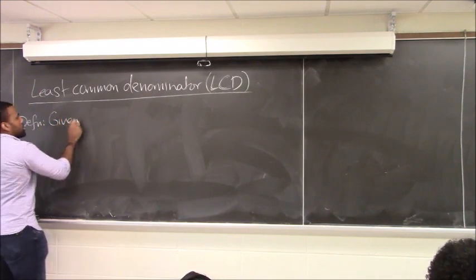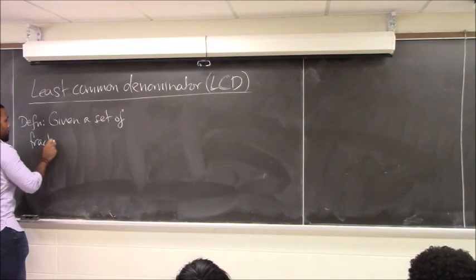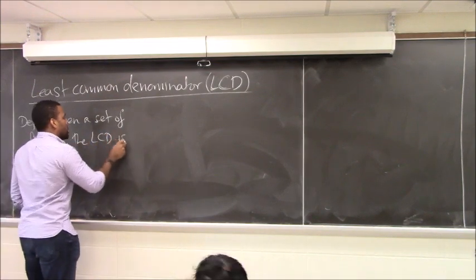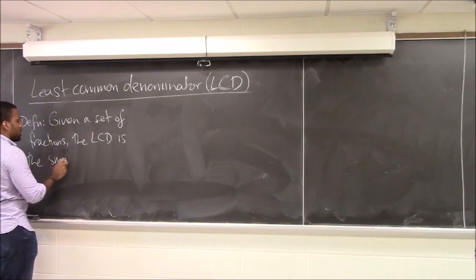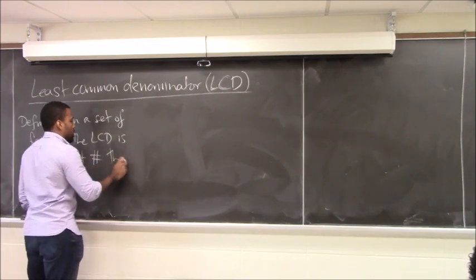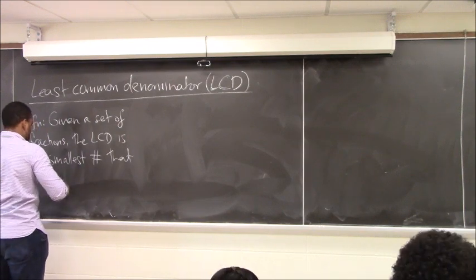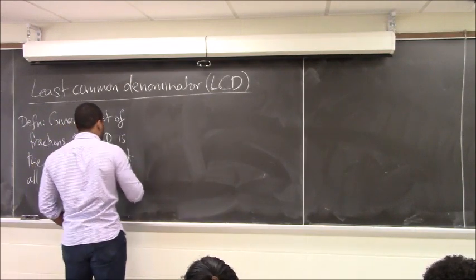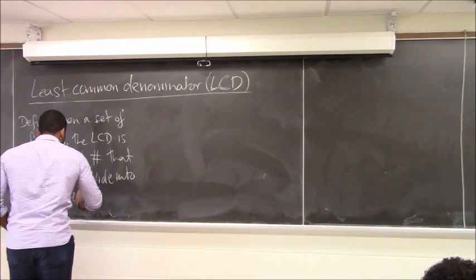Okay, what's the LCD? Given a set of fractions, the LCD is the smallest, that's why the word least is there, number that all denominators can divide into without leaving a remainder.